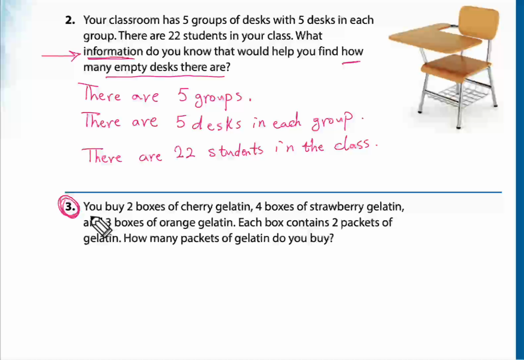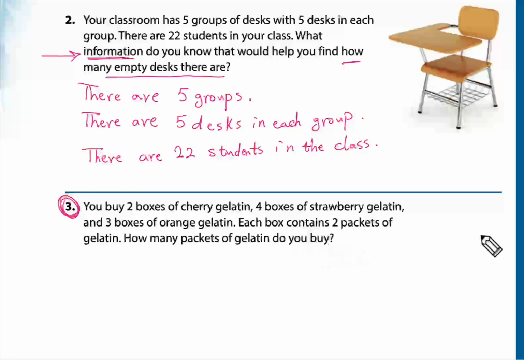You buy 2 boxes of cherry gelatin, 4 boxes of strawberry gelatin, and 3 boxes of orange gelatin. Each box contains 2 packets of gelatin. How many packets of gelatin do you buy?